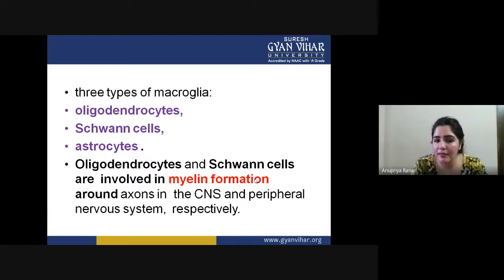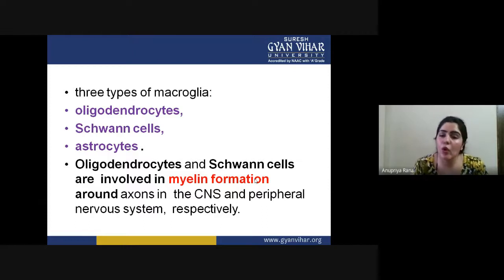On this basis, we have oligodendrocytes and Schwann cells. Oligodendrocytes are the basic component cell of the axon in the central nervous system, while on the other hand, Schwann cells are the axon component of the peripheral nervous system.